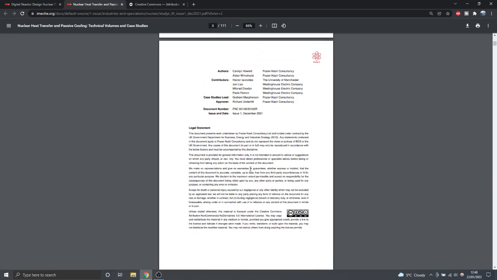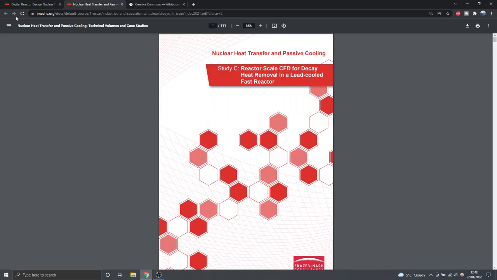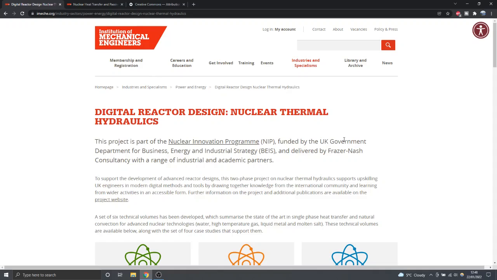But this is the fantastic thing about these documents and about this project, is that normally it's quite difficult to find information about how you might design a nuclear system or a nuclear reactor design, and that's for good reason. That kind of information is very sensitive and is often very difficult to come by.